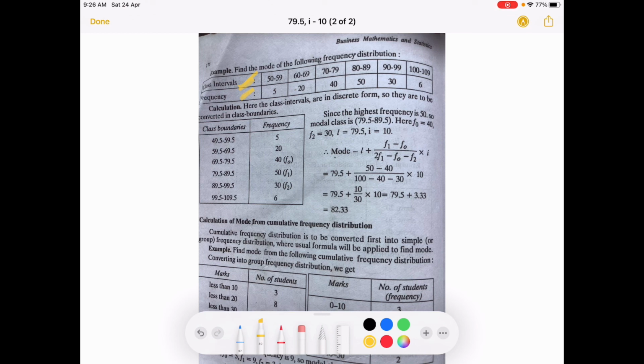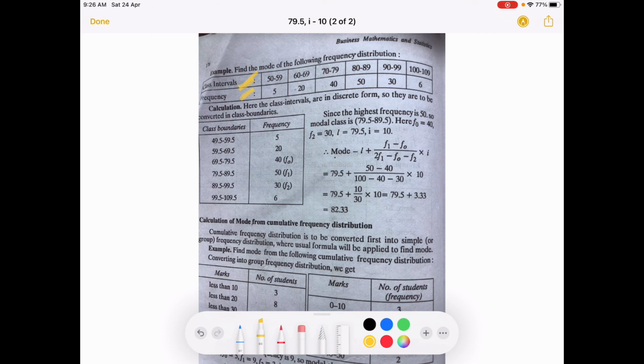If there is such a gap, it is called a discrete series, not a continuous series. You have to convert this series into a continuous series first, please remember this. Here the class intervals are in discrete form, so they are to be converted into class boundaries or a continuous series.